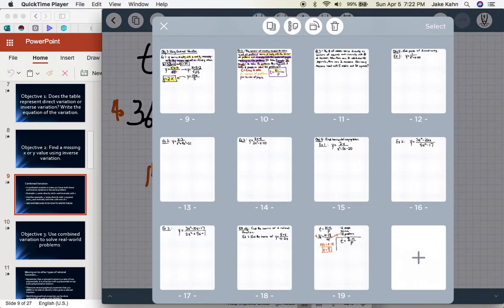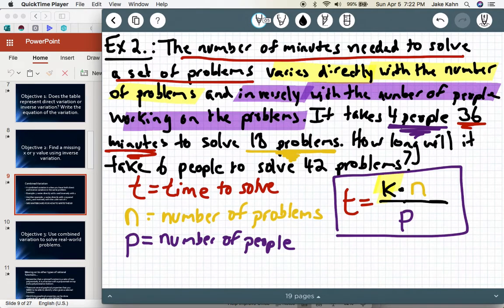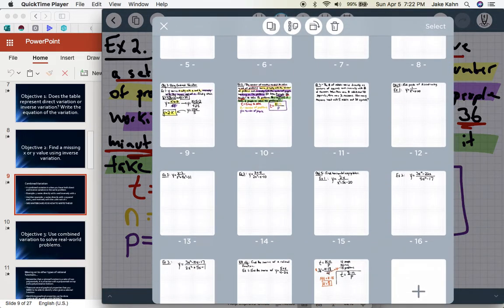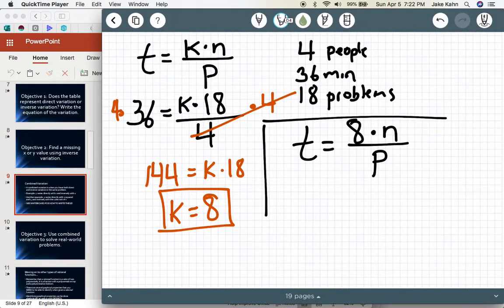Now going back to our original problem, I'm going to highlight this in green. It says, how long will it take 6 people to solve 42 problems?